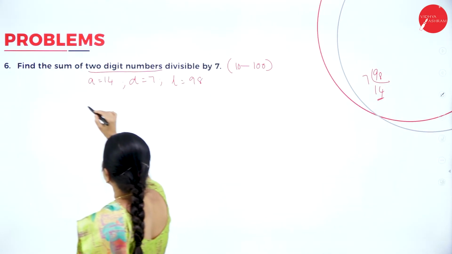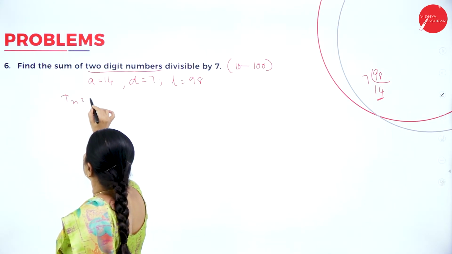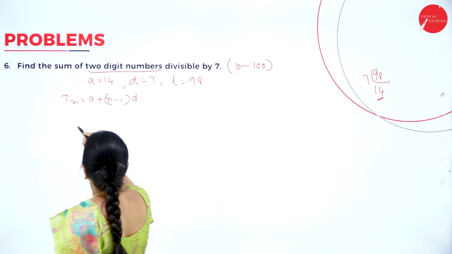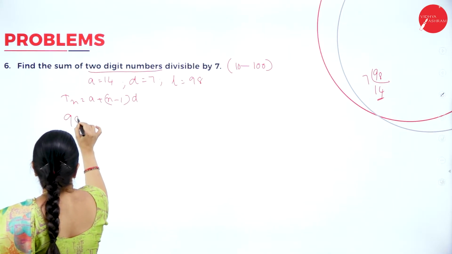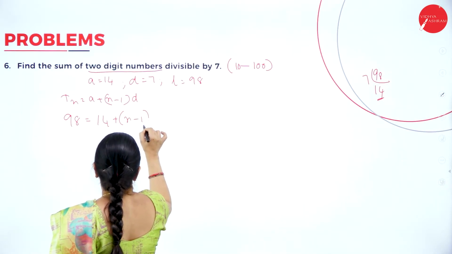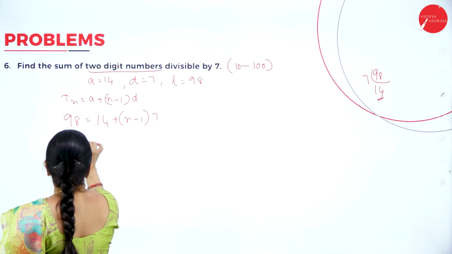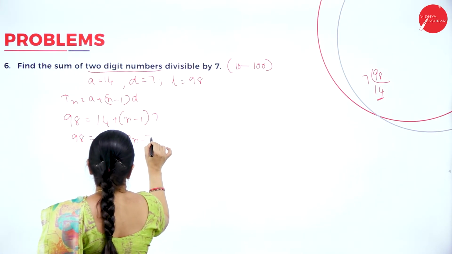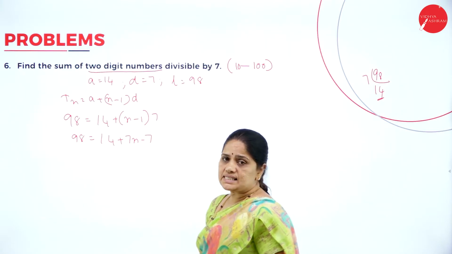Next, we will use Tn equals A plus n minus 1 into D. So, 98 is the term, 14 plus n minus 1 into 7. So, 98 equals 14 plus 7n minus 7.